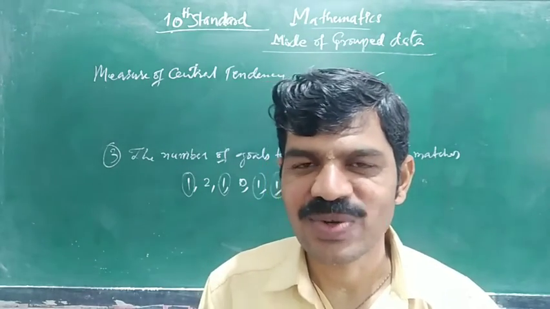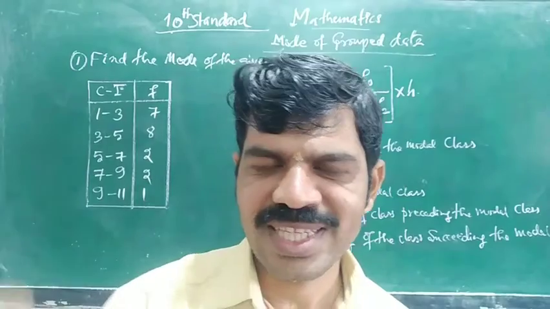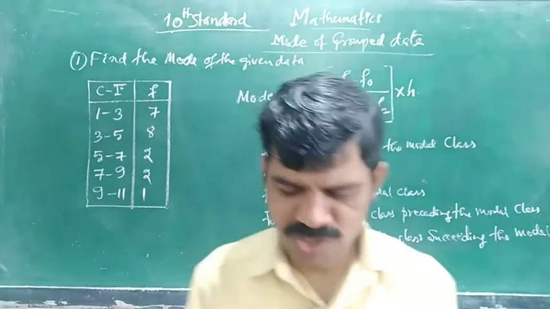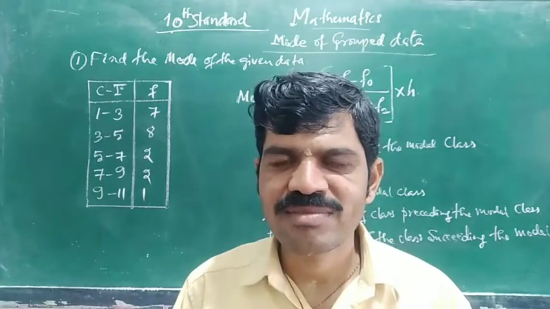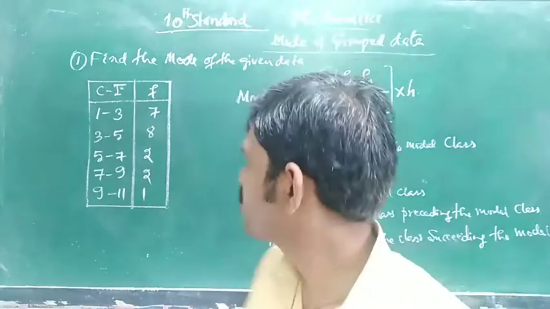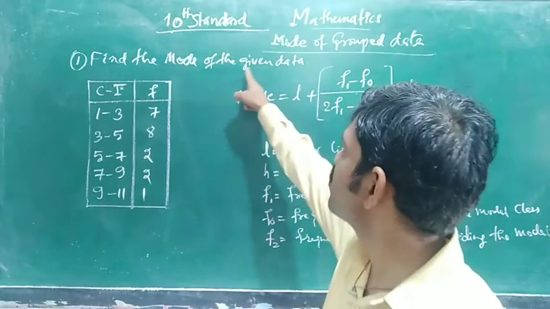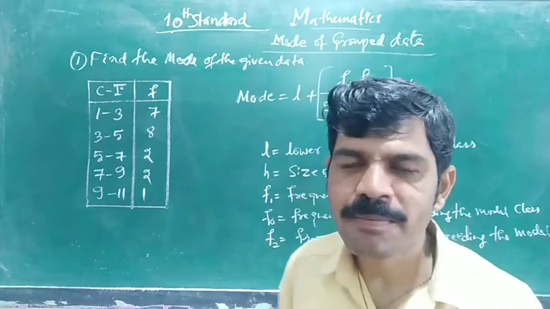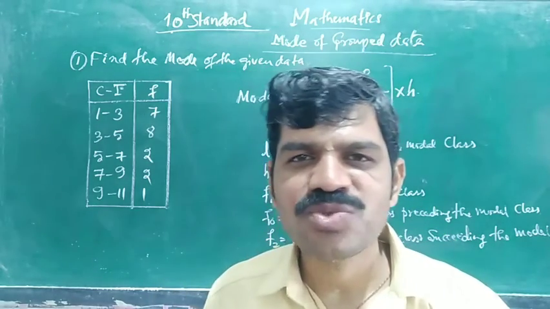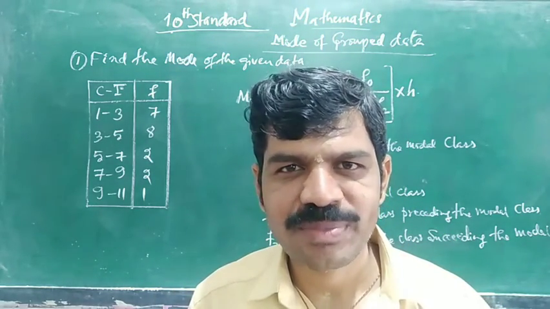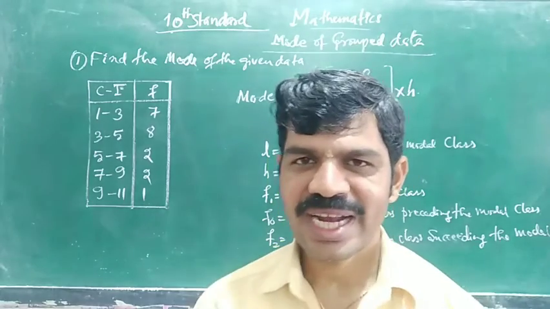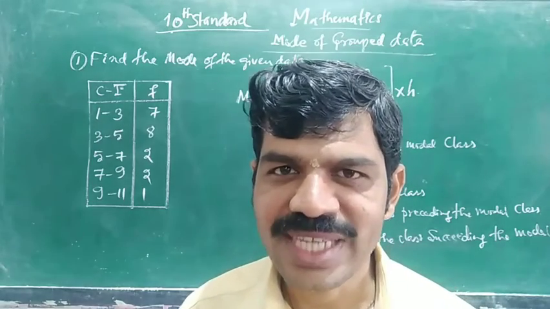Let us discuss that. Okay, yes, dear students, so we have taken a problem to make you understand. Find the mode of the given data. This is the data. It is not as usual as what we completed in our previous class and in our last examples.